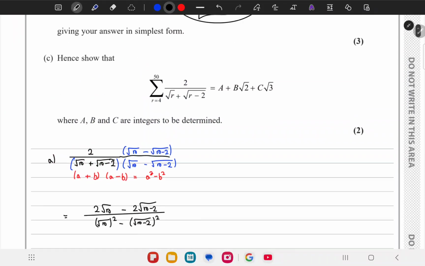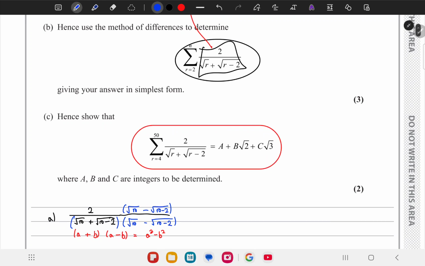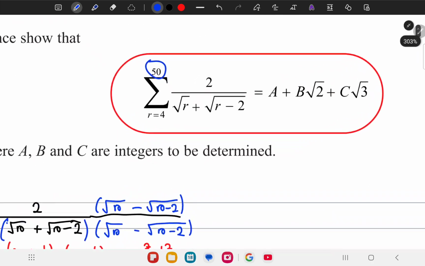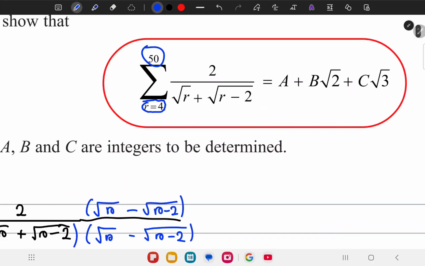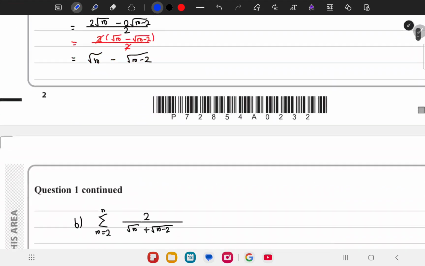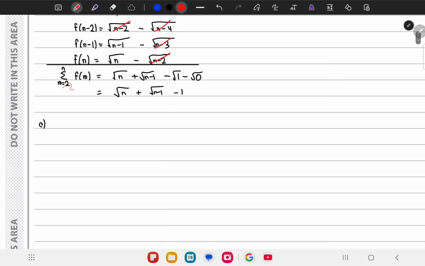Now moving on to part C, we have to find this value over here. In this case, the n is replaced with 50, but however, you have to be careful about one thing. Here r is 4 instead of 2. We know the simplified version, which is this, when it begins from 2. However, if I want to find the summation from 4 to 50, I'll just leave it as f of r.